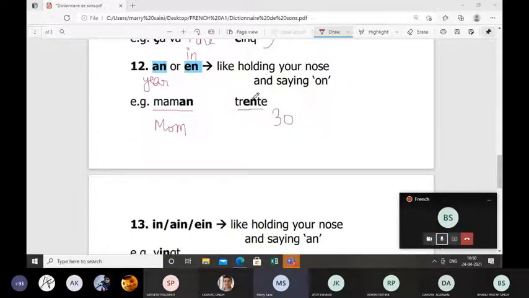So this is another sound on with nasal sound, right? And the meaning is 30. So whenever we have an O and an N, it will be on.